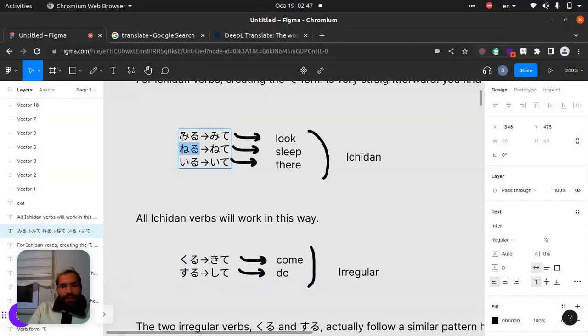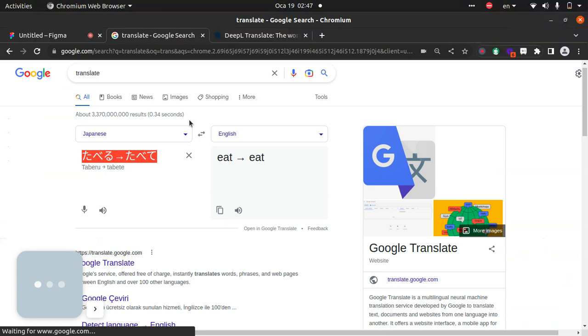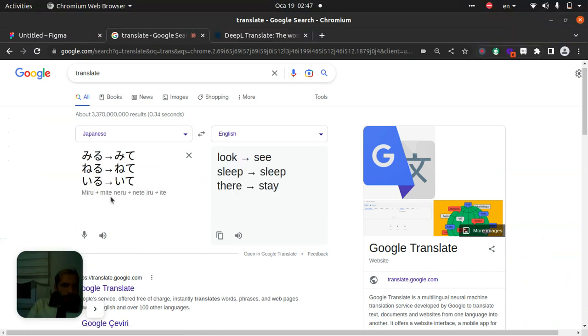This one is miru, and this one is eru. But what are they all? Let's check it. Miru. Okay. Miru will be mite. As I mentioned before, when you see ru, you just need to add te there to make it the te form.